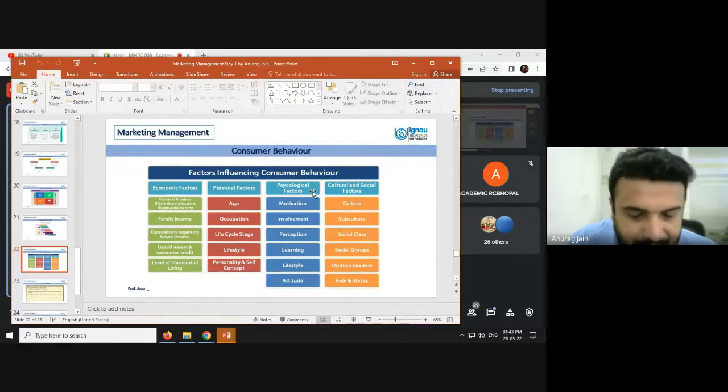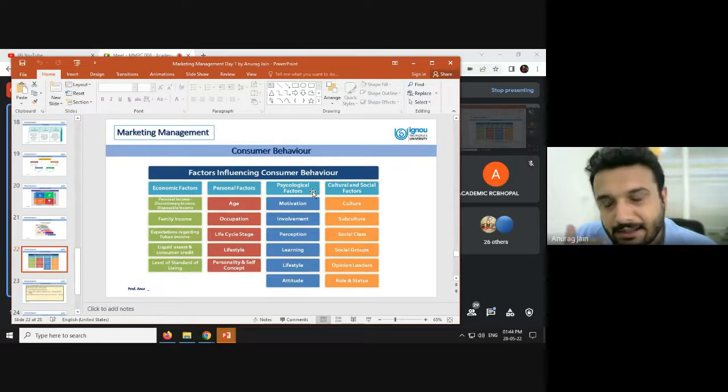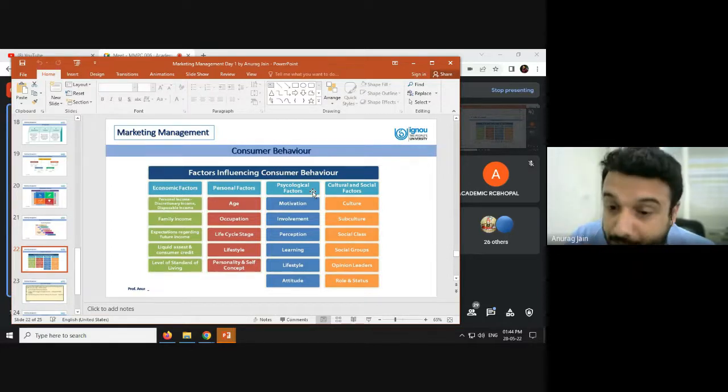Others are a little bit adventurous and are part of some travel groups. There are some people who are interested in literature and are part of literary groups. So what kind of social groups we are part of, who our opinion leaders are, what kind of role and status we maintain, and what different roles we play in a society.